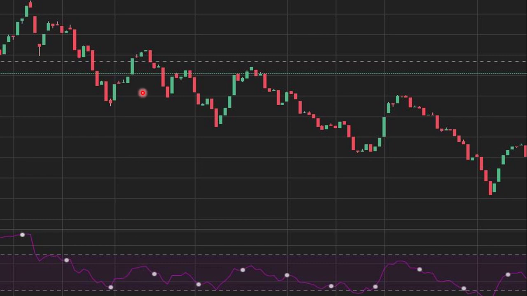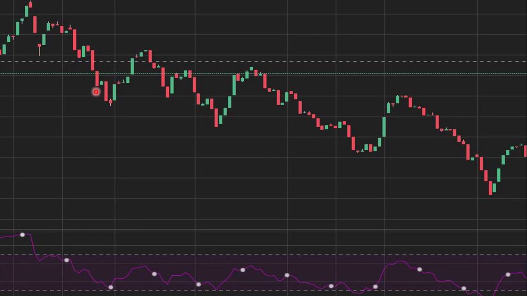For example, here we are in the overbought zone because we are on top of the 50 line. Also here at this zone we are in the overbought zone. Also here we are in the overbought zone, and let's see when it's good to get a sell position.